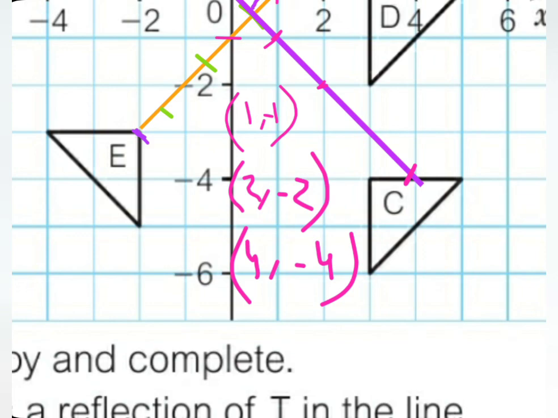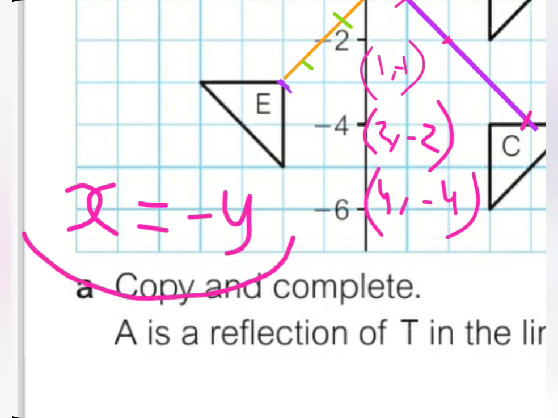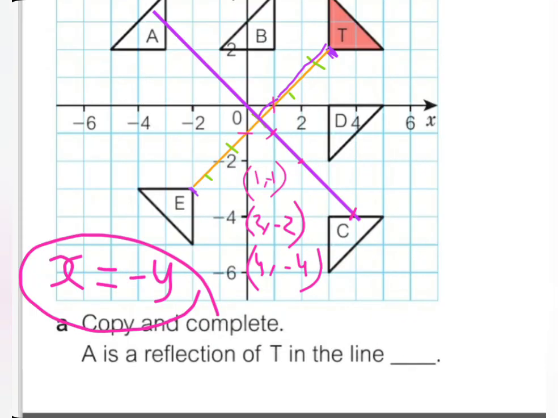So we can say that x equals -y, very good. And this is our line, our mirror line. This is how we described the mirror line. We found points on the line itself, and then we described the line using these points.